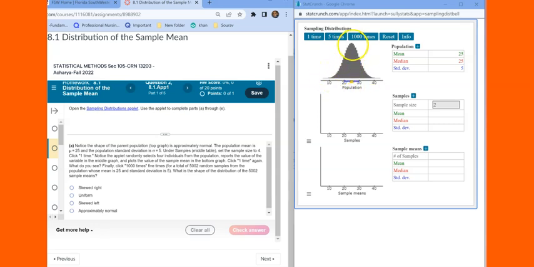You can see that this is the population graph. This population has a mean of 25, median 25, and standard deviation 5. You notice that this population is normal. We don't know the size, but you can definitely see the population is normal.